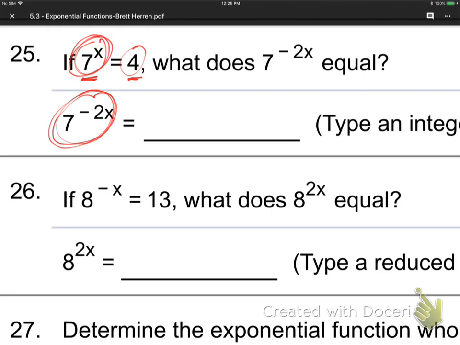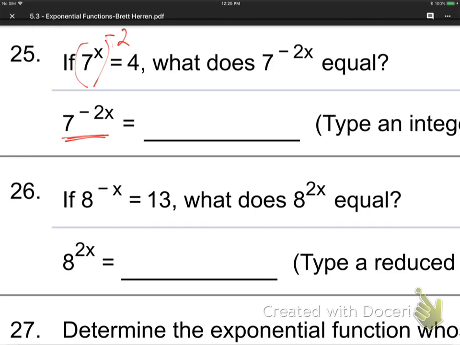Put the negative 2 up in the power. You with me? If I took this guy and did negative 2 in his power, he'd become that, wouldn't he?